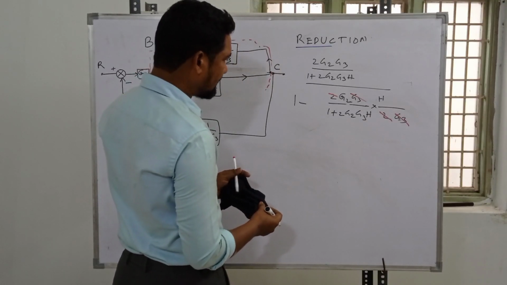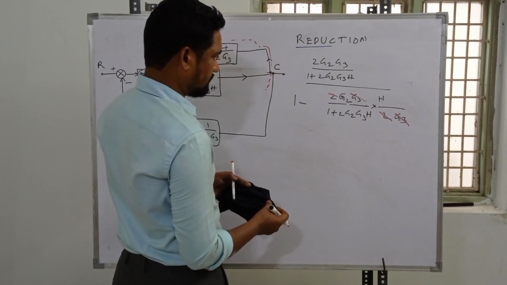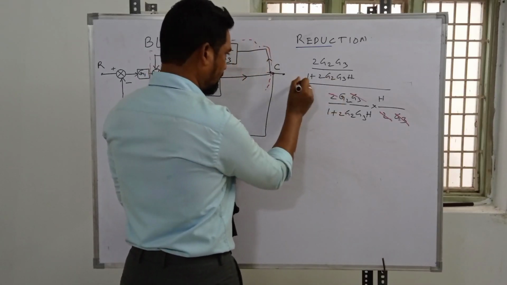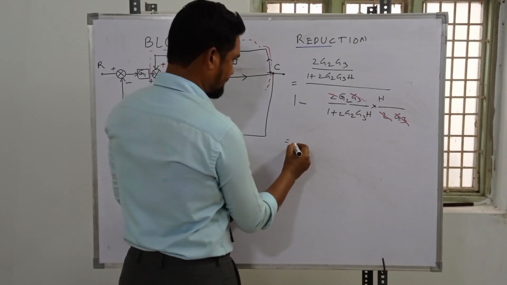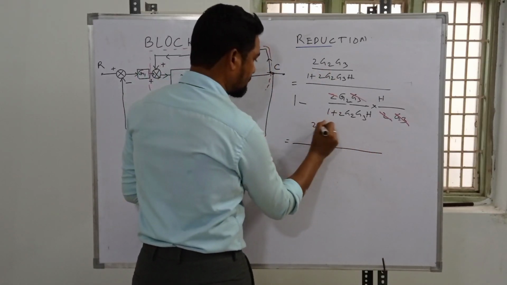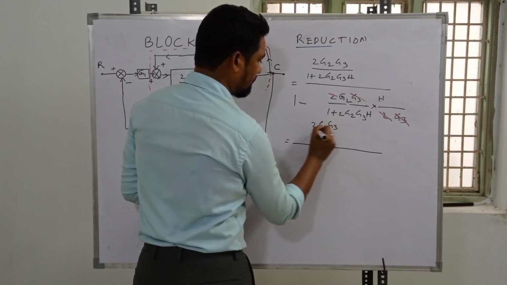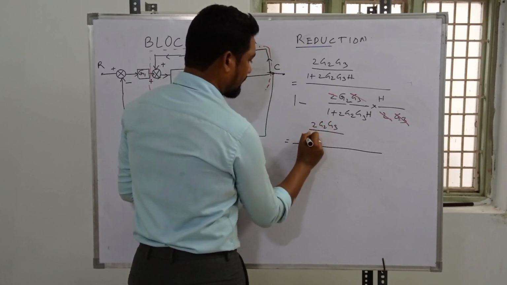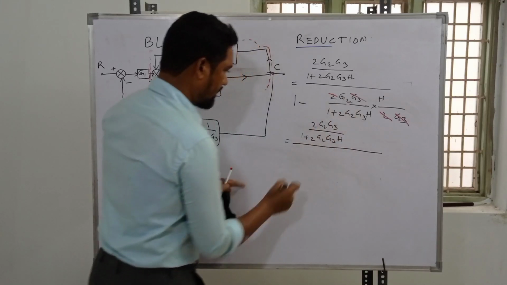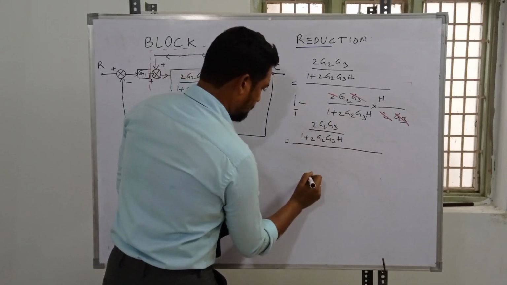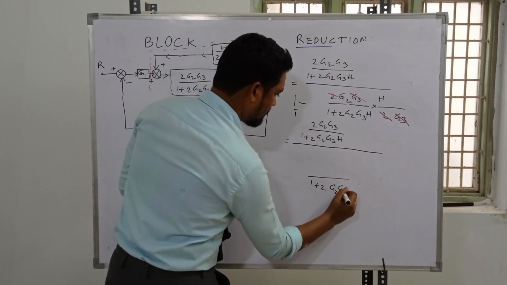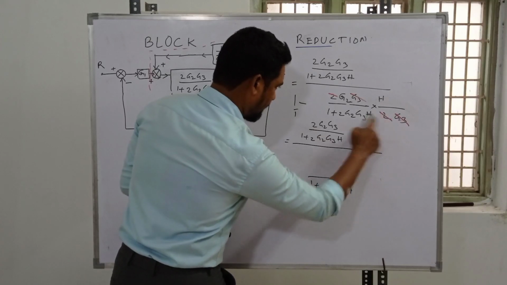And even this, we need to simplify. We cannot leave it as it is. In the numerator, what do we have? Twice of g2 g3 by 1 plus twice of g2 g3 into h. And what do we have in the denominator? Simplifying this one, what we have is 1 plus twice of g2 g3 into h, and we don't have anything else.